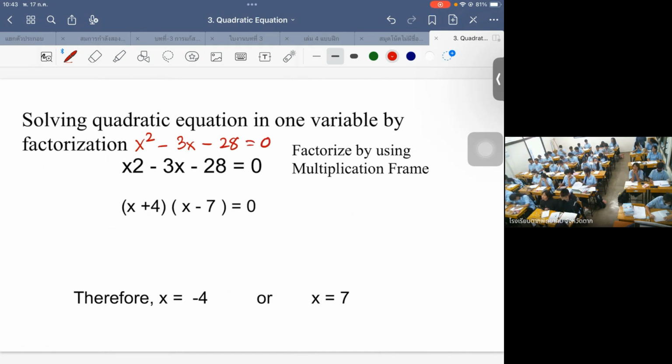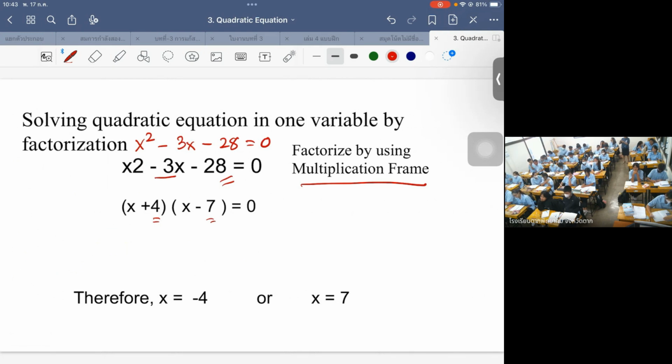So by using multiplication frame, we need to factorize that. So think a factor of 28, the sum is negative 3. So the factors, example, are negative 7 and positive 4.